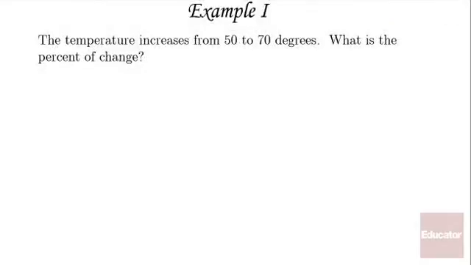Now we're going to calculate some percent changes, starting with an example using temperature. The temperature increases from 50 to 70 degrees. What is the percent of change? In order to figure this out, there's a formula we can use for percentage change.